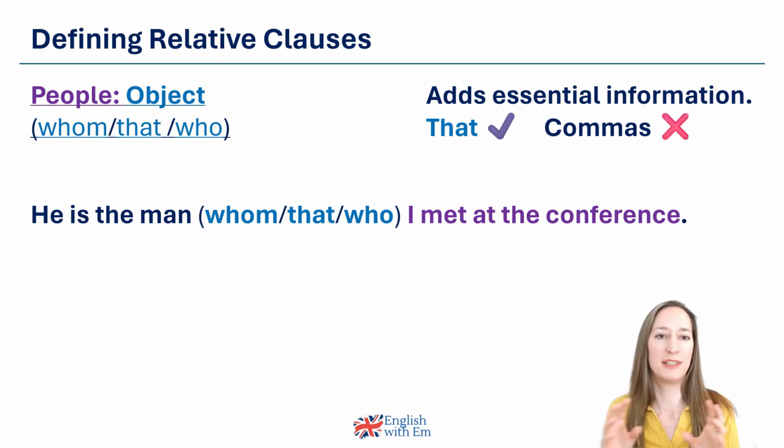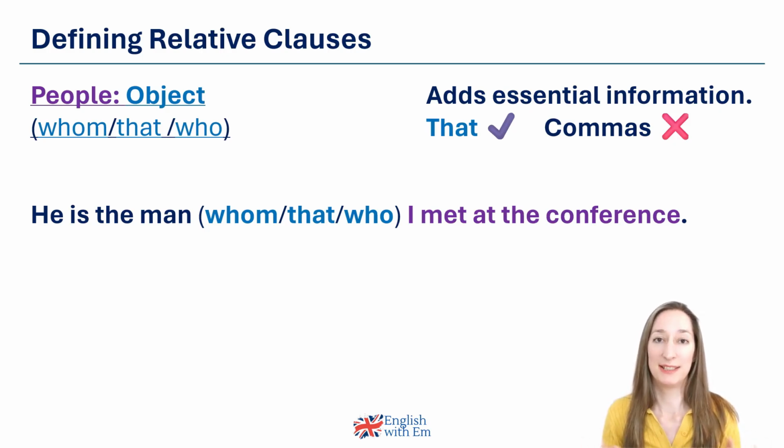Now, I've put them in this order with whom first, because whom is, strictly speaking, the most correct. And if you're in a formal situation, you should use whom. Nowadays, many people use who. There are those that consider it to be incorrect, but it's not. It's perfectly fine to use it, but just not in formal contexts.